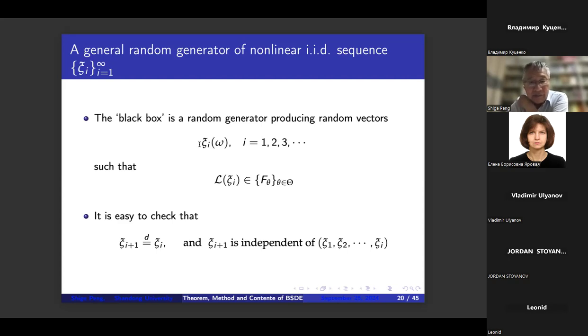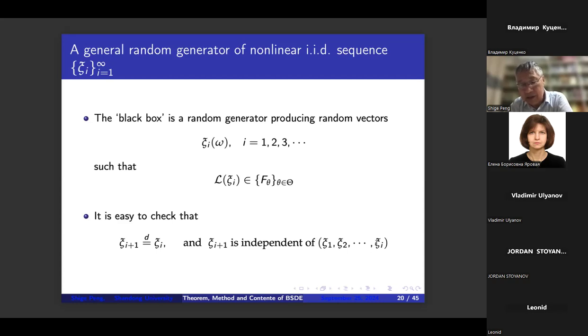We have the nonlinear IID, and in this case, we can check that this corresponds to the situation where xi i plus 1 is independent from xi 1 to xi i, but we cannot say that xi 1 is independent from xi i plus 1.